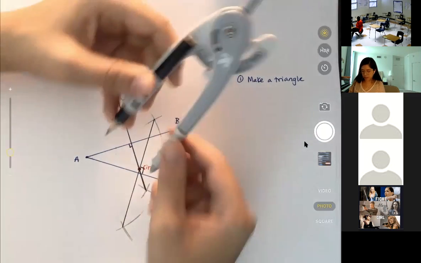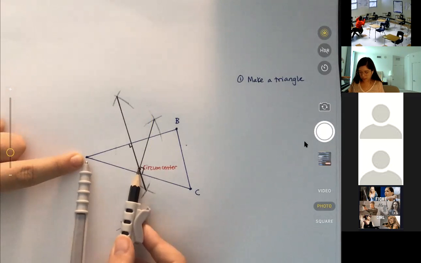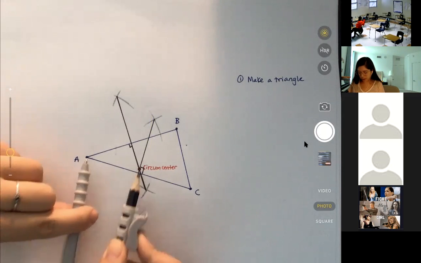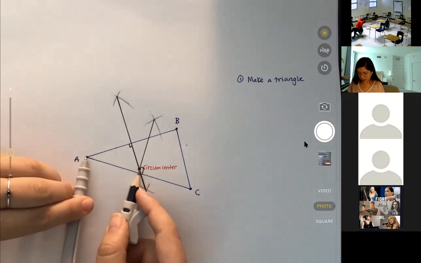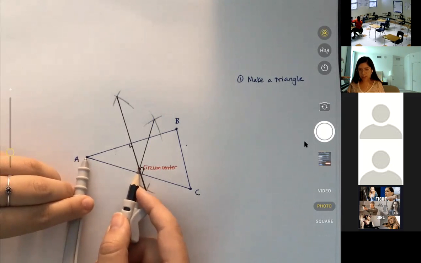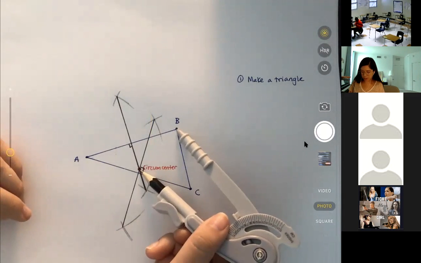So I'm going to make my compass the same width from one of the vertices to the circumcenter. So notice from A to the circumcenter, I match it up, and look at what happens. It's the same thing from B to the circumcenter.